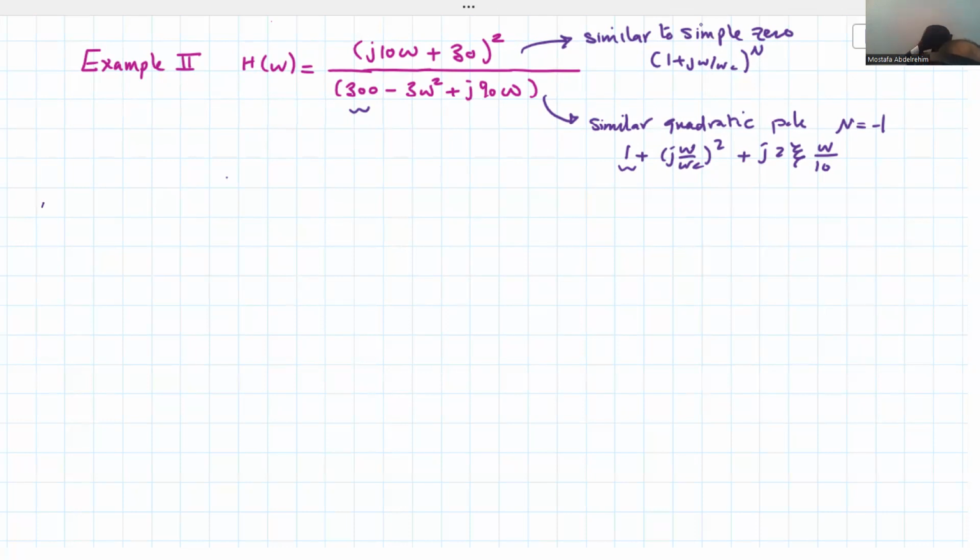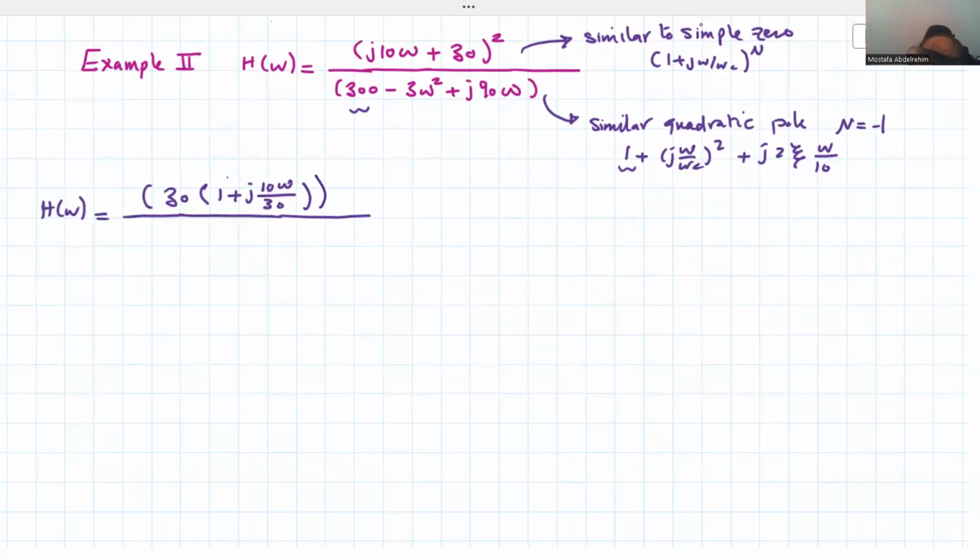So H of omega. In the numerator, we have to take 30 as a common factor, and we're going to end up with 1 plus j 10 omega over 30, and all of that is squared. And in the denominator, we have to take 300 as a common factor.